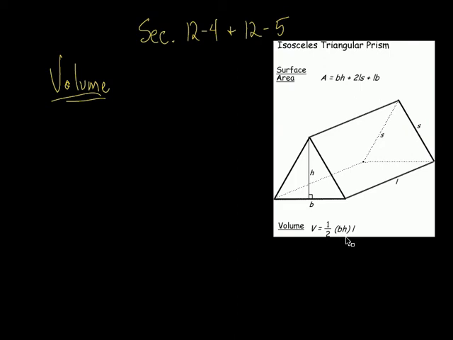I'm not going to have you memorize these letters right here, but what I want you to do is this. Remember, the lateral surface area was the perimeter of the base times the height. Volume is really, really close to that. If you're going to do the volume of a prism or cylinder, it's basically the same general equation.